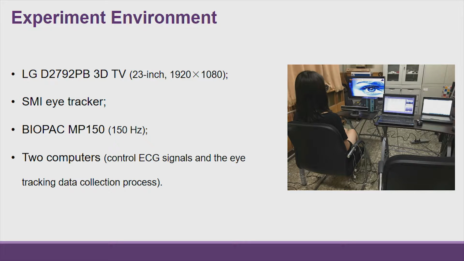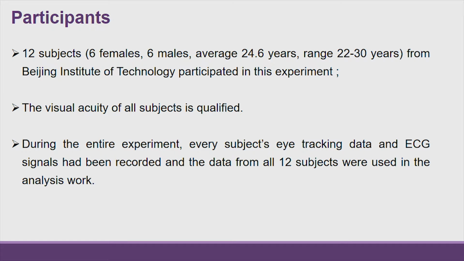The figure shows our experiment environment. Here we use an LG 3D TV to display our 3D images. The eye tracker was used to record the eye movements, and the ECG signals were recorded by BioPac MP150. Two other computers were used to control the ECG signal and eye tracking data collection process. 12 subjects from Beijing Institute of Technology participated in our experiment with an average age of 24.6 years old, and the visual acuity of all subjects is qualified.